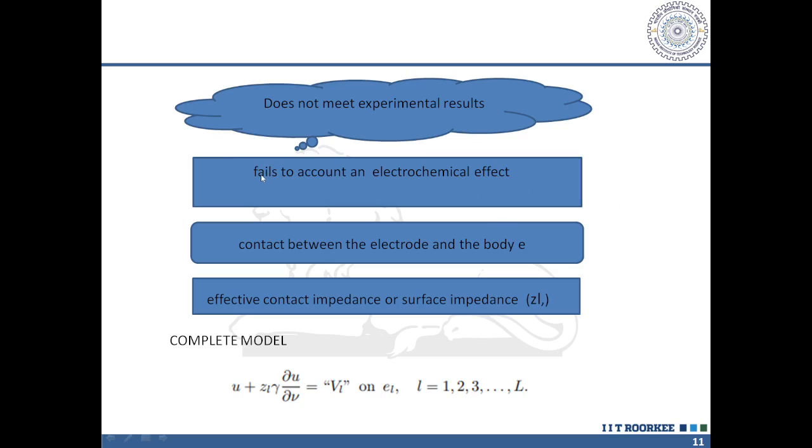Here we fail to explain the electrochemical effect, meaning we are ignoring the voltage contributed by the thin layer which forms when the electrode contacts the body.